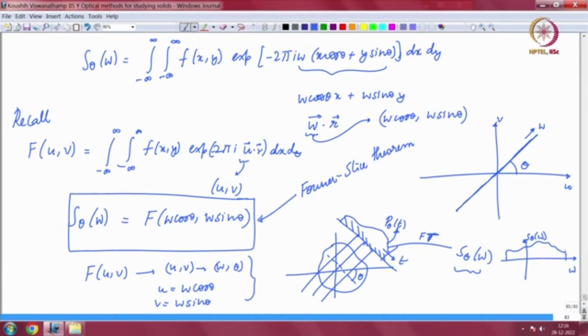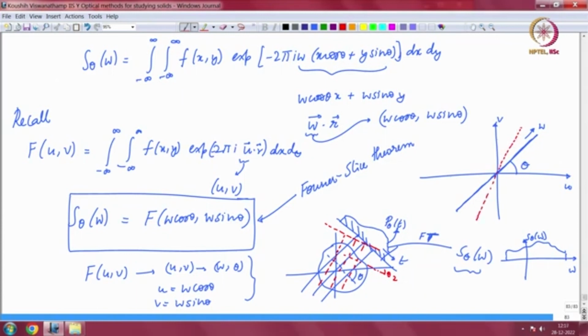Now if you rotate it to another angle, you will get another slice. Let us say you rotate this detector a little bit more. So now it is like this. You will get a different p theta of t corresponding to this normal, and this angle, let us say theta 2. You take a Fourier transform and you get a corresponding slice.